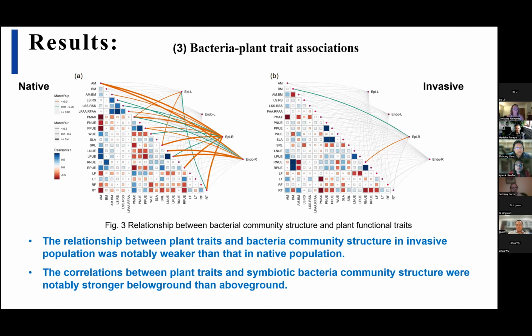The correlation between the plant traits and the symbiotic bacterial community structures was notably stronger belowground than aboveground.